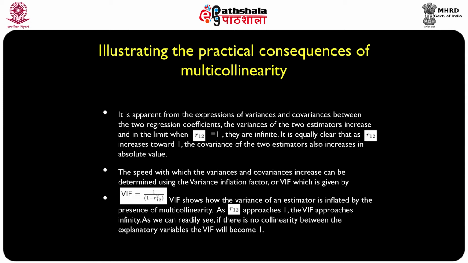As r12 approaches 1, the VIF approaches infinity. As we can readily see, if there is no collinearity between the explanatory variables, that is, if r12 is very close to 0, then the variance inflation factor or VIF will become 1.